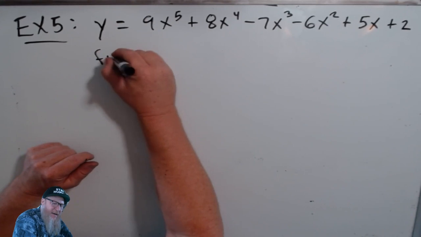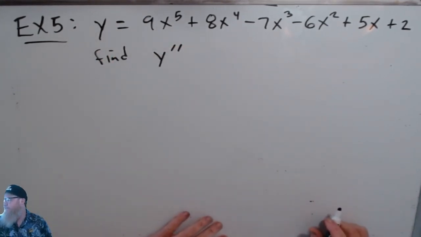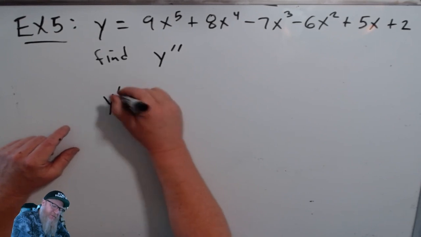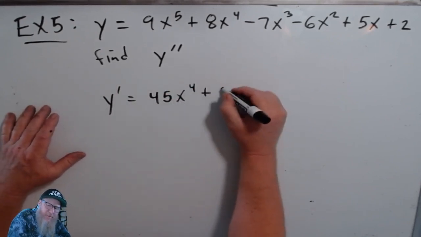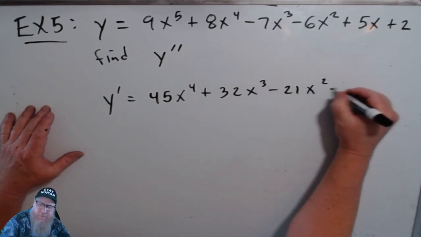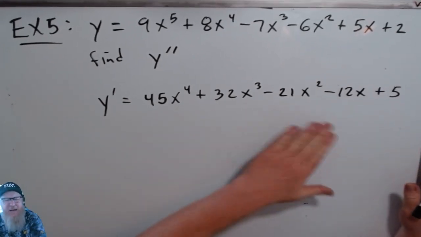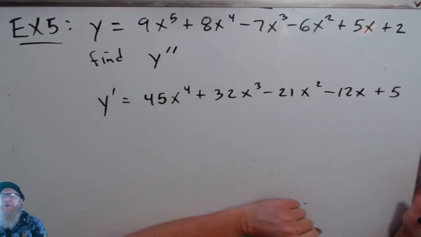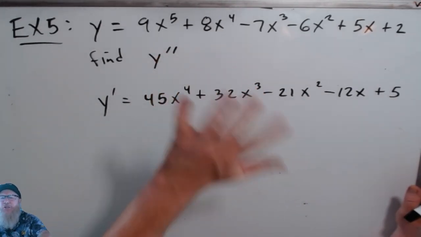So let's find the second derivative, y double prime. First, got to find the first derivative. Just march down the line and use the power rule on each term. All right. There's no products, there's no quotients, there's no chains.